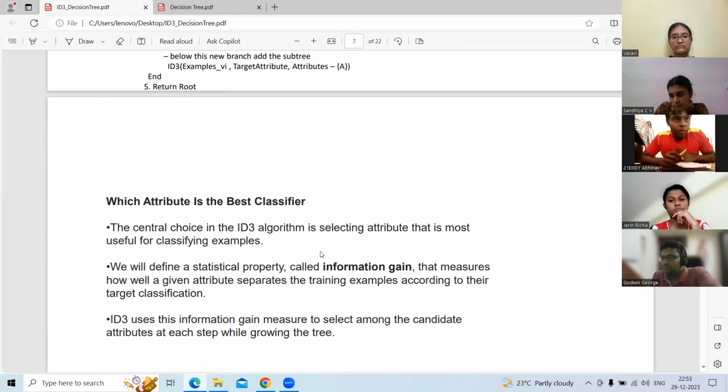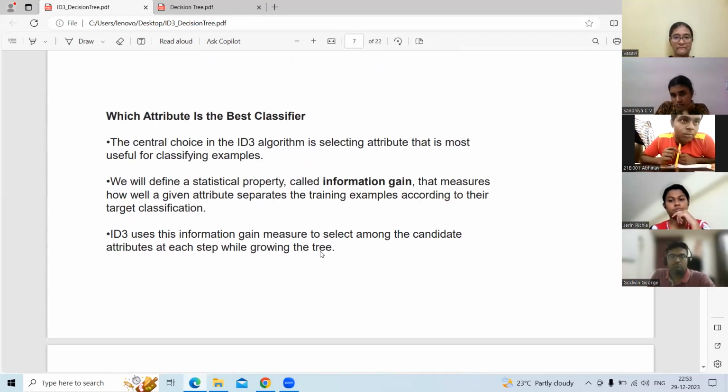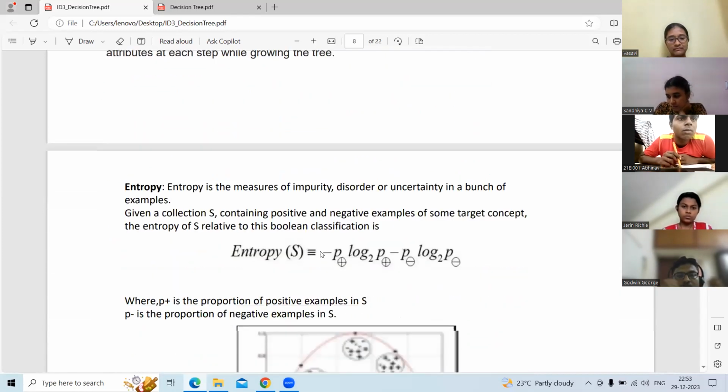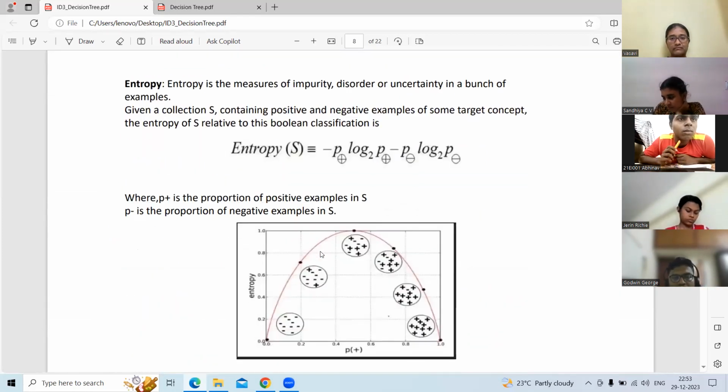So this is the algorithm, and this entire algorithm is based on choosing the right classifier. Choosing the right classifier is choosing the right node. To choose this node, we depend on entropy and information gain. Based on the value of entropy and information gain, we will be choosing the best classifier. Entropy is nothing but the measure of impurity or uncertainty in the data.